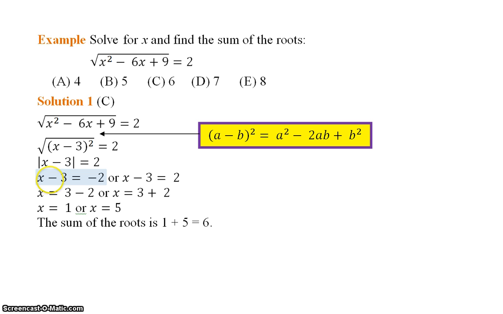We change the sign and we get x equals 3 minus 2 or x equals 3 plus 2. Therefore, x equals 1 or x equals 5. The given radical equation has two real roots, 1 and 5, and the sum of the roots equals 6.